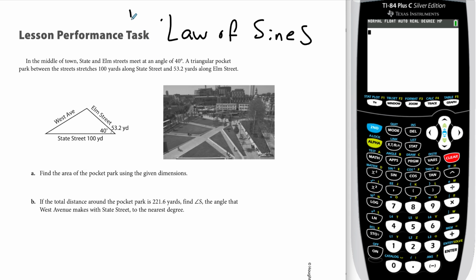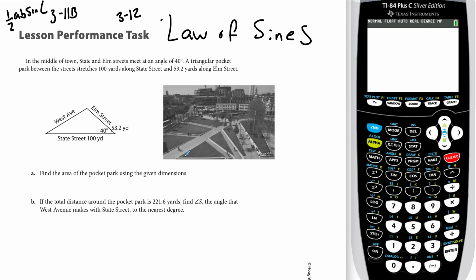The Law of Cosines was discussed in 3-12, and then in 3-11b we talked about the area formula, which is 1/2 ab sine C. In other words, if I take the two sides and the angle in between them, that will give me the area.